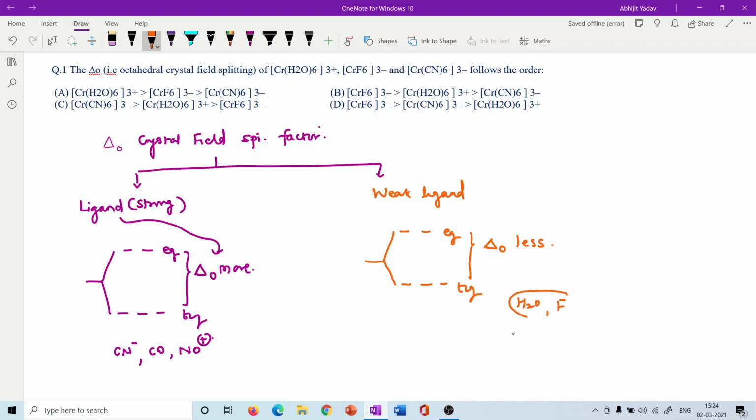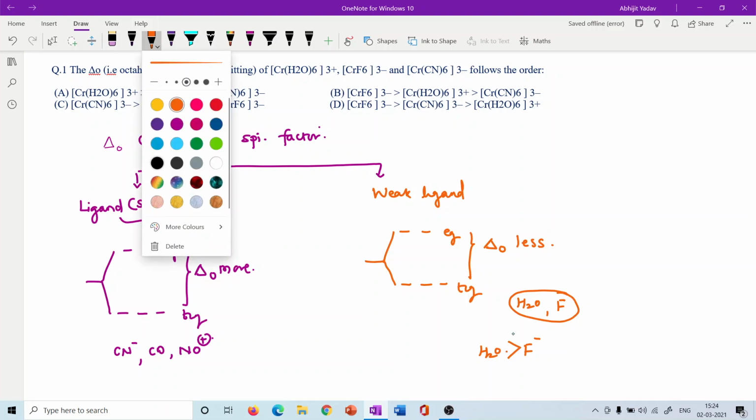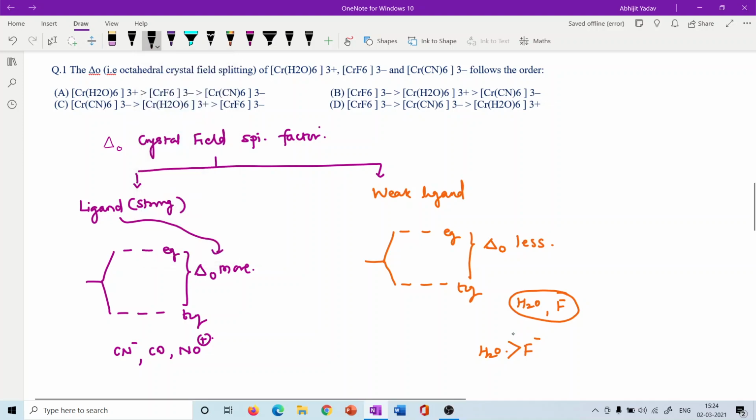Now if we check H2O and F, F is the weaker ligand as compared to H2O. So how do we arrange the ligands in increasing order of strength? CN is a very strong ligand. After that H2O is there, and after that my fluoride ligand is there.